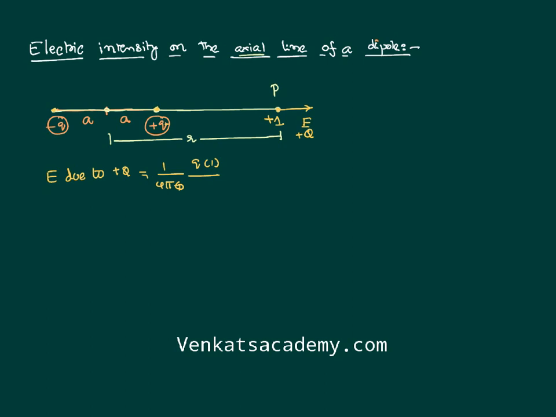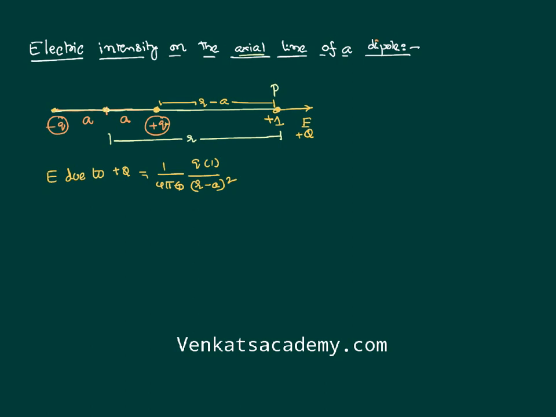R is from the center, this is A, so this distance automatically becomes R minus A, because this is totally R and this is A, so it becomes (R minus A) whole square. This is according to Coulomb's inverse square law.